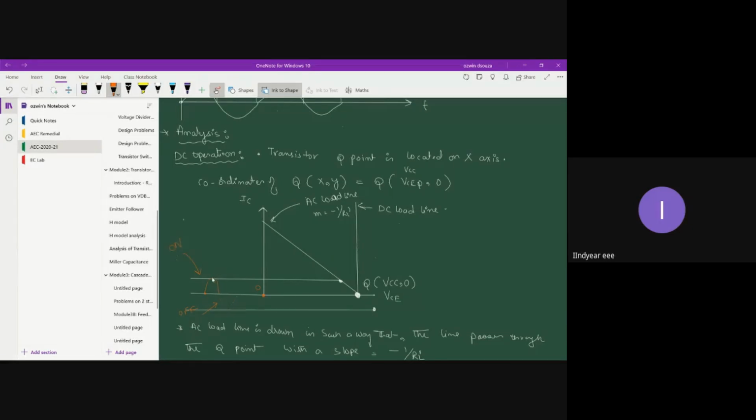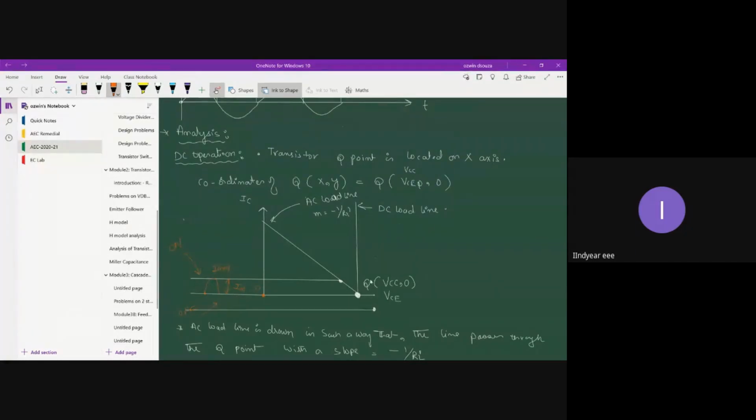This distance is the maximum value, which I write as IM.